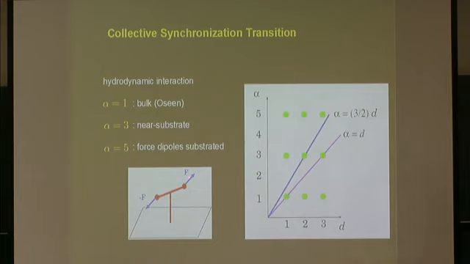And if such force dipoles are near a substrate, we have interaction with alpha equals 5. So we can scan the phase space using this hydrodynamic interaction by changing the boundary condition.